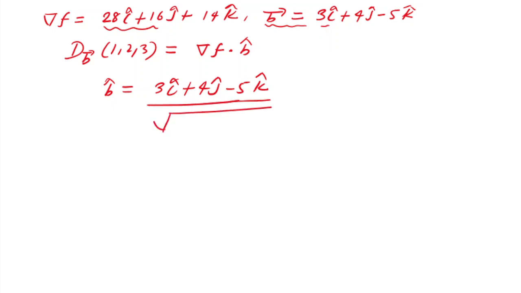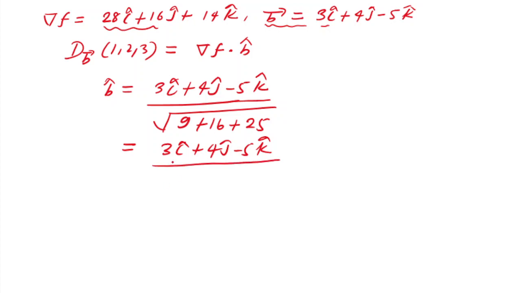So what will the magnitude be? 3 square is 9, 4 square is 16, and minus 5 square is 25. So I will get 3i plus 4j minus 5k, and the magnitude will be under root 50. Under root 50 can be written as 25 into 2, that is 5 under root 2. So this is the unit vector.